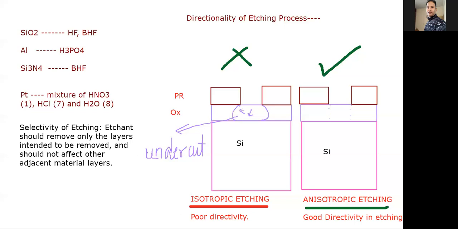Which I will be discussing. If you see wet etching, it is selective, but poor directivity.